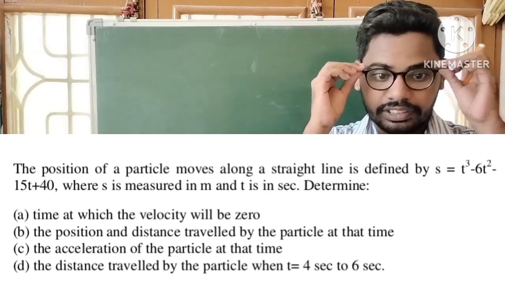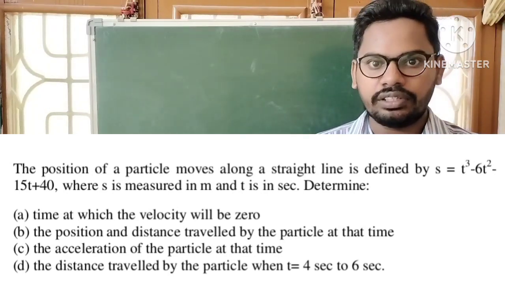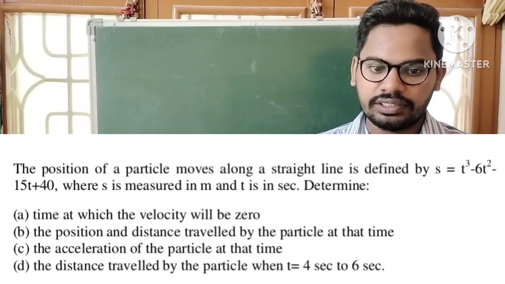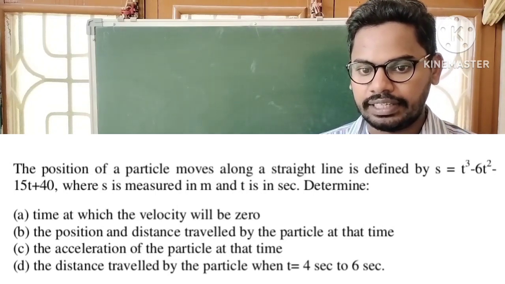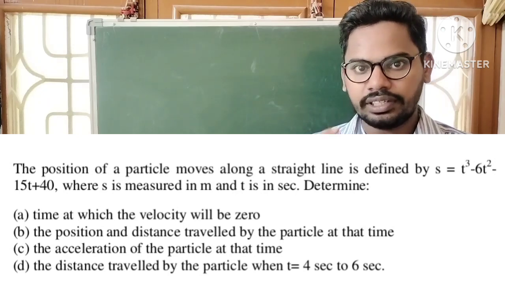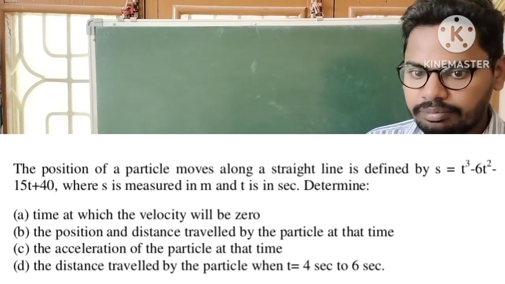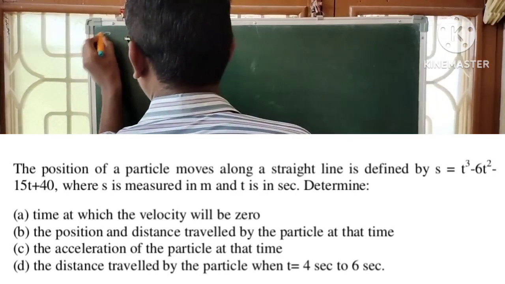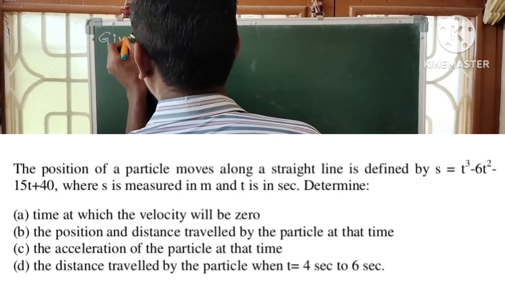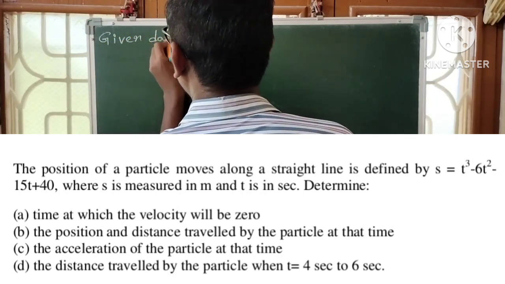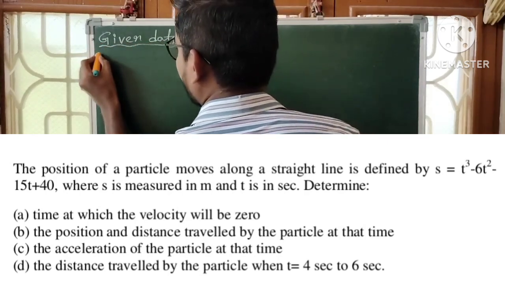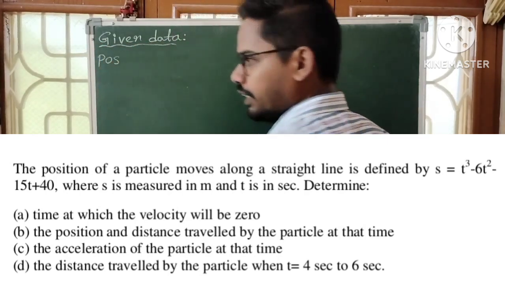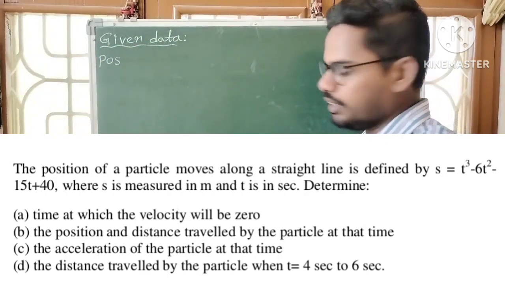So first of all, we are given the equation of position of a particle in terms of time t. Position is denoted by small s and time by small t. Let us note down the given data. There is a particle moving along a straight line.